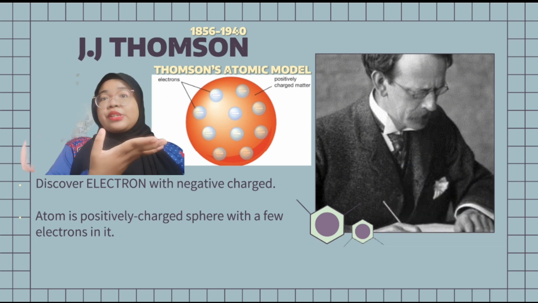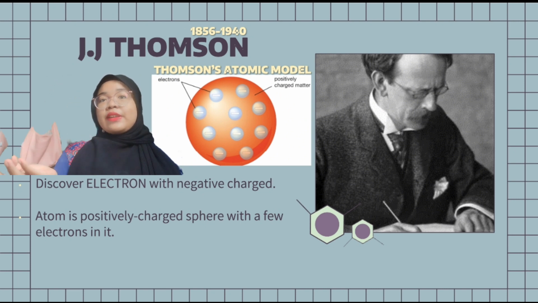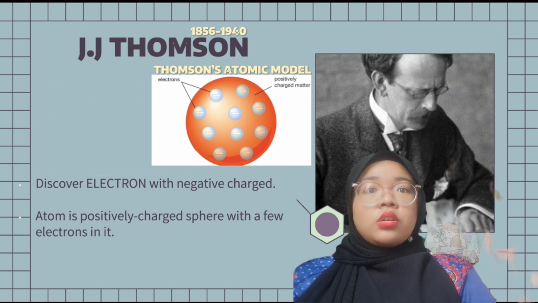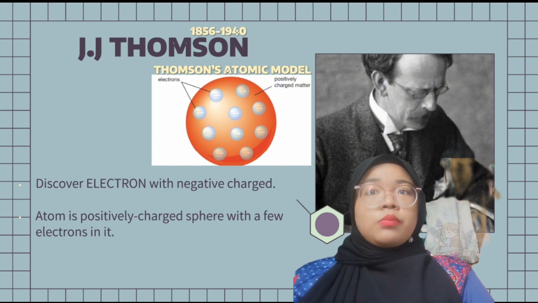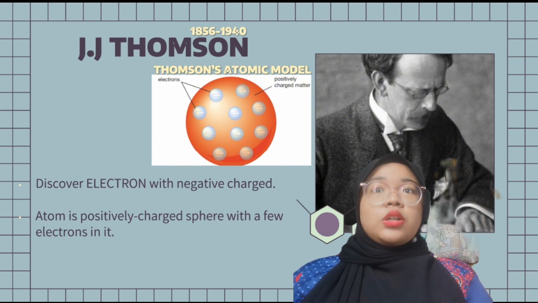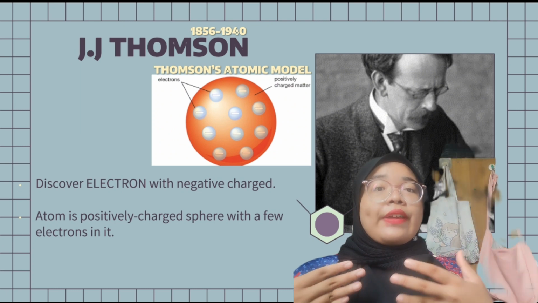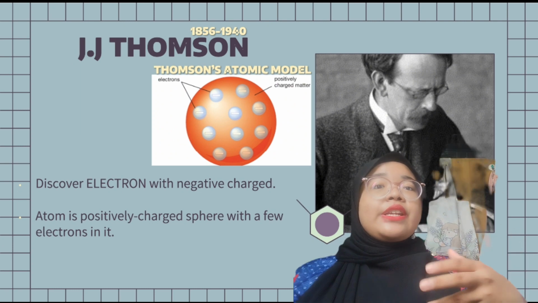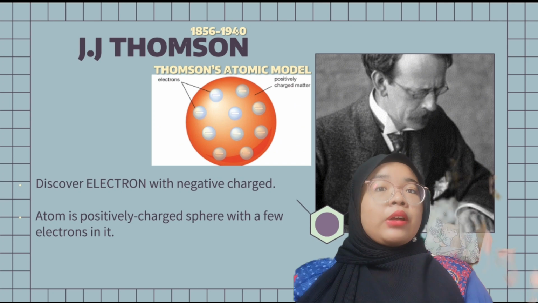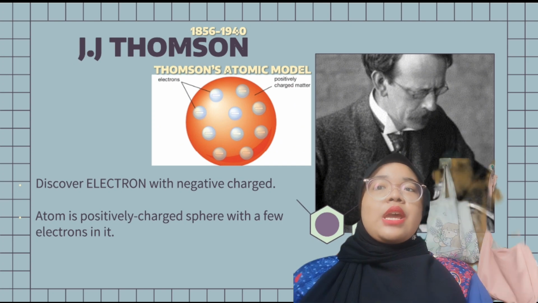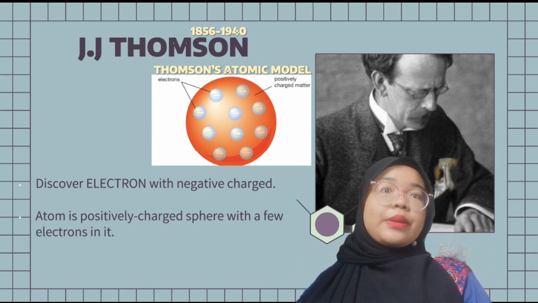The picture shows the Thomson atomic model, which contains electrons and positively charged matter. J.J. Thomson's theory also has demerits because the Thomson atomic model does not clearly explain the stability of an atom. Also, further discoveries of other subatomic particles couldn't be accommodated inside his atomic model.